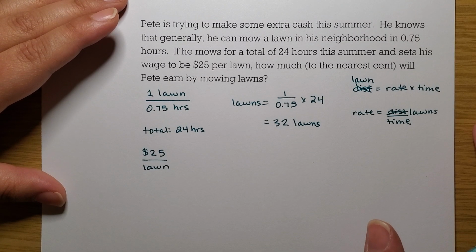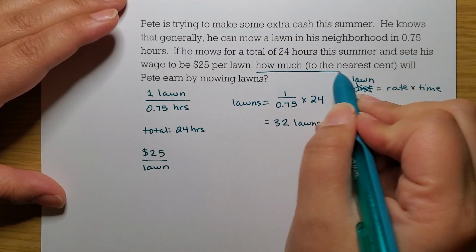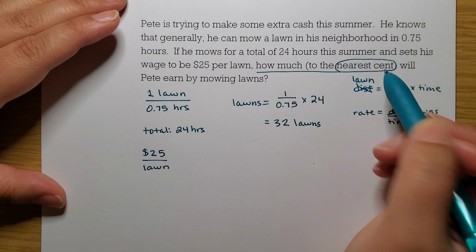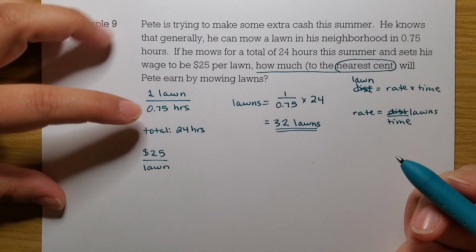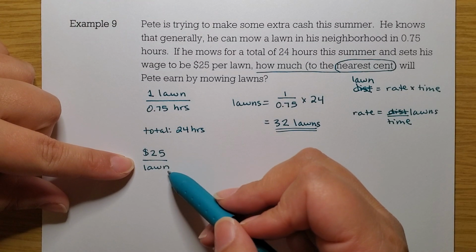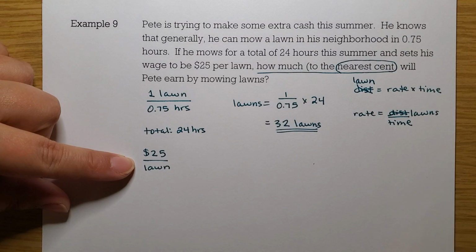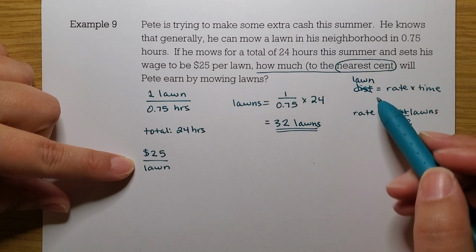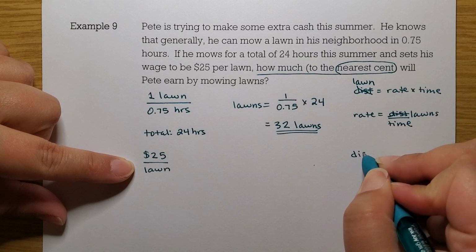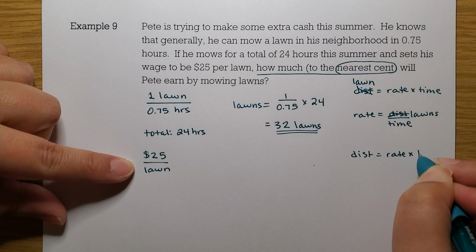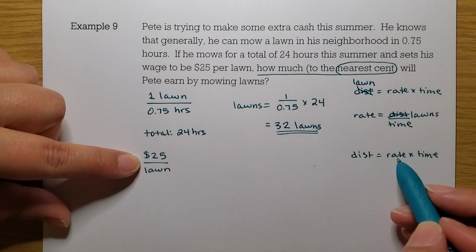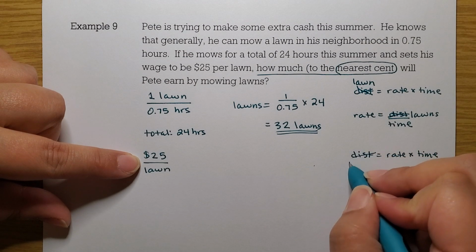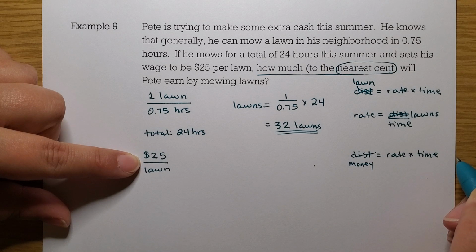Now, what are we looking for? How much to the nearest cent? So I'm looking for a money answer. We know he mows 32 lawns, and we know we get $25 per lawn. So we can do a similar thing here with distance equals rate times time. I'm choosing this formula because I have a rate and I'm looking for the money, and I know the number of lawns.